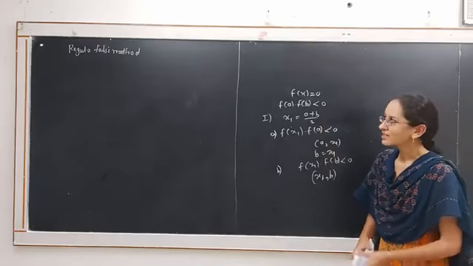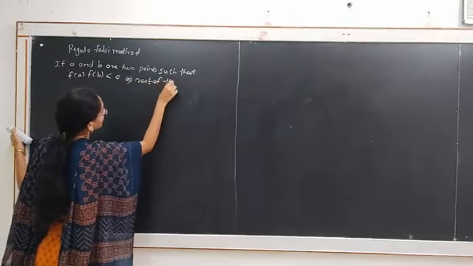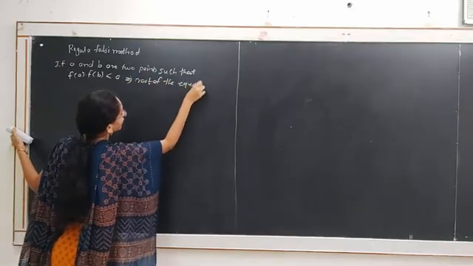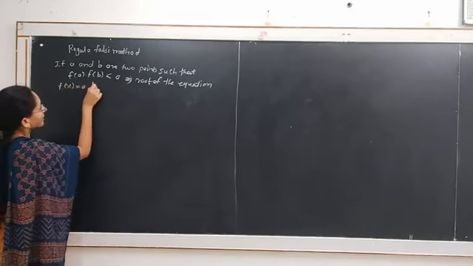For given two points such that f of a into f of b is less than 0, this implies the root of the equation f of x equal to 0 lies in the interval a to b.